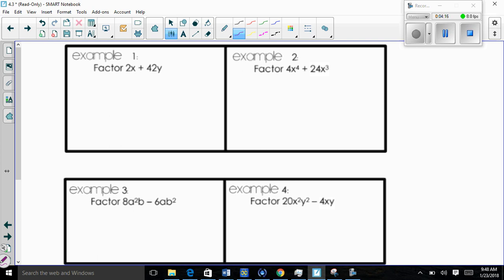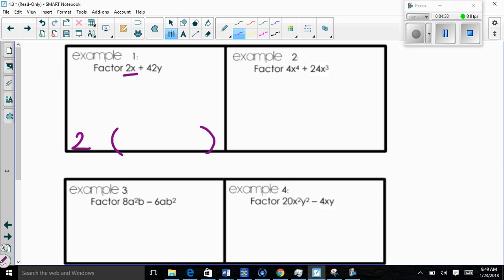Greatest common factor. If we're looking at 42, what's the greatest number that I can divide by? 2, right? Because I can divide 42 by 2. The 2 is going to be part of my GCF. I'm going to put 2 right here.